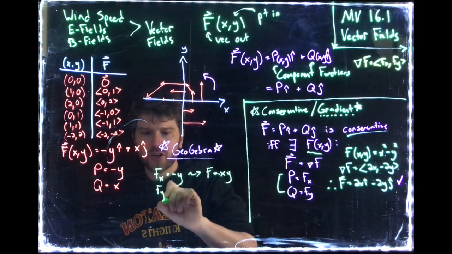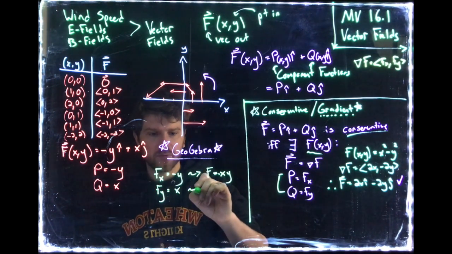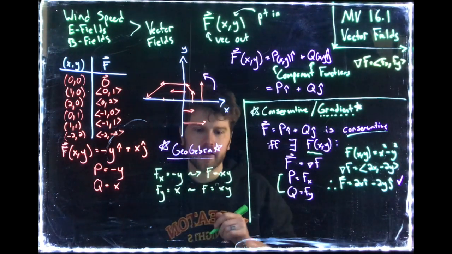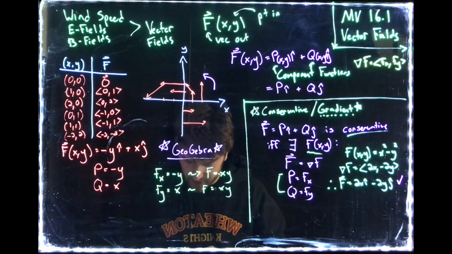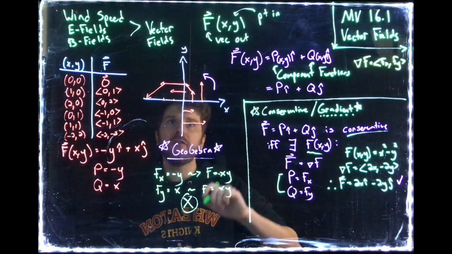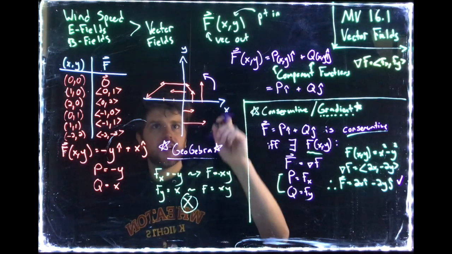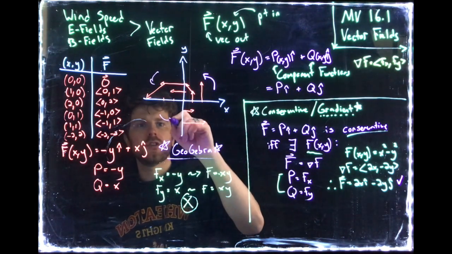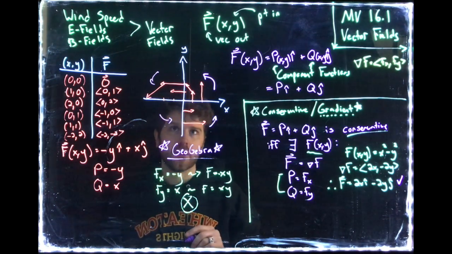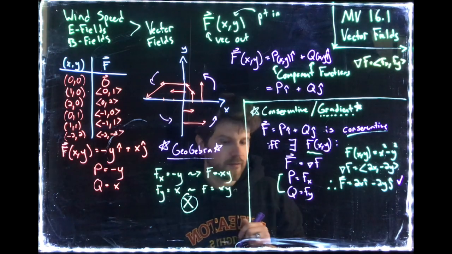But we also have Q being equal to x, which implies that our function looks like positive xy. Well, our function can't look like negative xy and positive xy at the same time. So this is not conservative. And in fact, you will often find that these kinds of swirly rotating fields are not conservative.